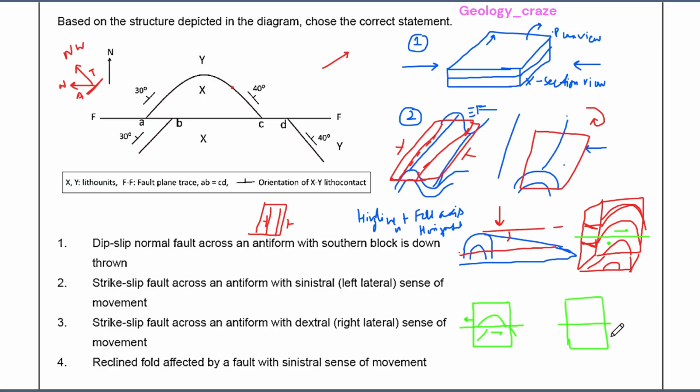But if we shift toward the right, then it is like this. This is a plane view. What is going to happen in the cross-sectional view? On this side we will construct one cross-sectional view. Then what is going to happen on this side? This is a strike-slip fault. What is happening on this side?